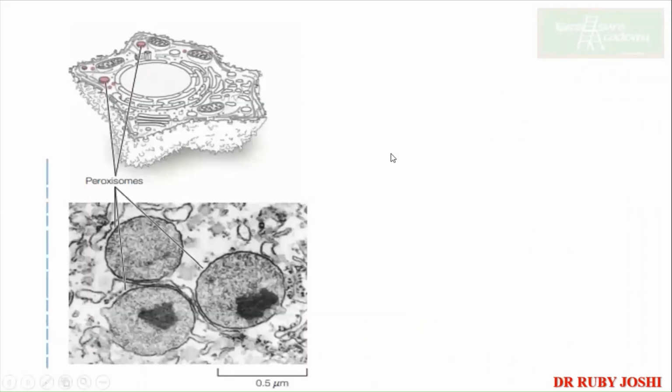So here is the electron micrograph of a peroxisome. Now, how do you identify in an electron micrograph that these are peroxisomes? Any idea? What special feature do they look for to identify peroxisomes in the electron micrograph?